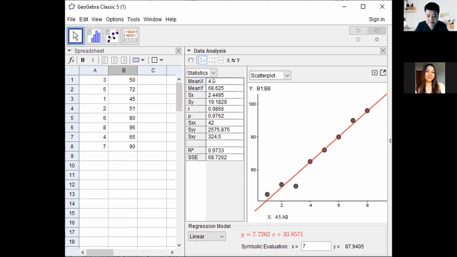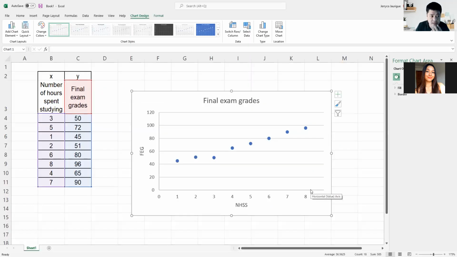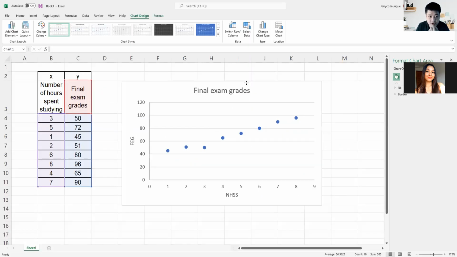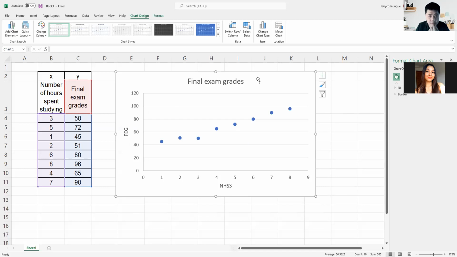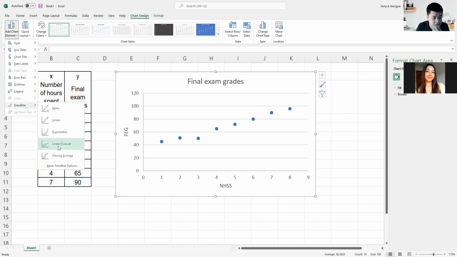Okay. Now, let's do this in Microsoft Excel. For Microsoft Excel, let's have first the scatter plot. Actually, sa scatter plot, you can add a chart element here. Tapos punta kayo sa trend line. Daming pwede kayong gamitin.